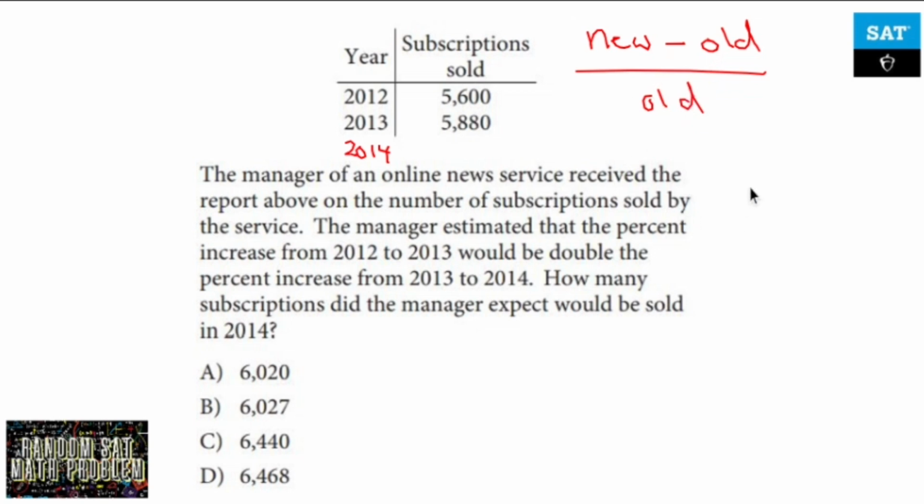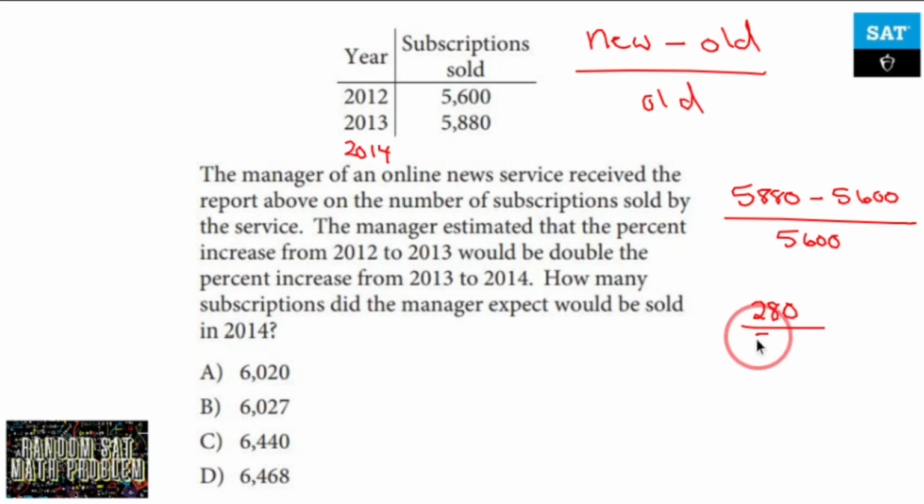Okay, so the new is 5,880 minus the old, which is 5,600, over the old, which is 5,600. So that gives me 280 over 5,600.